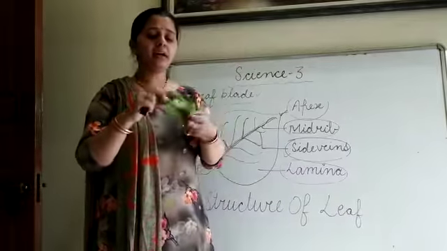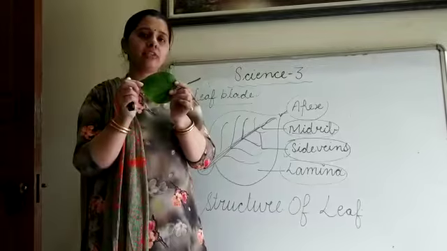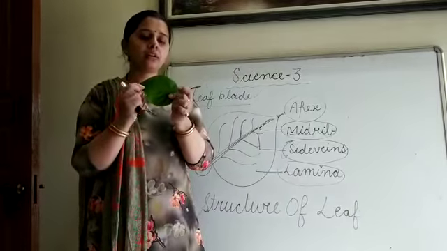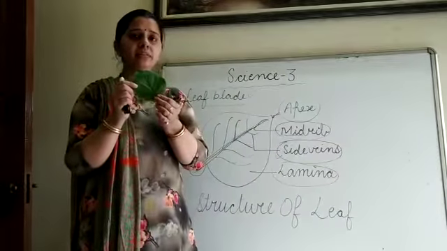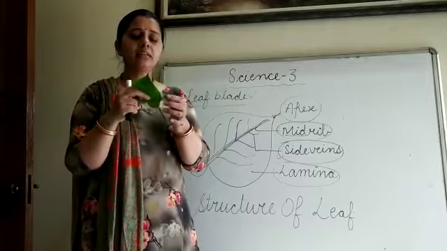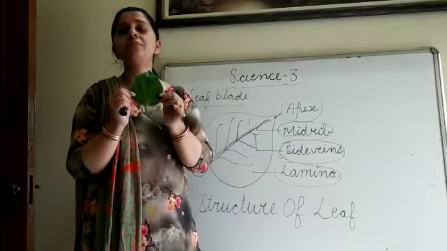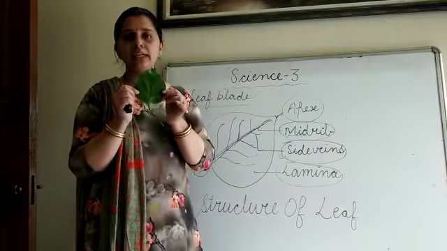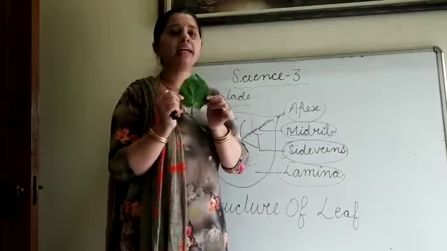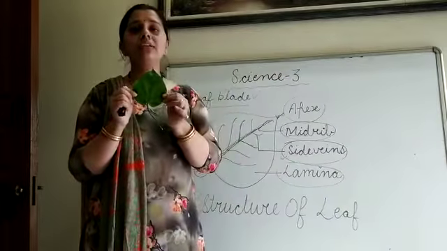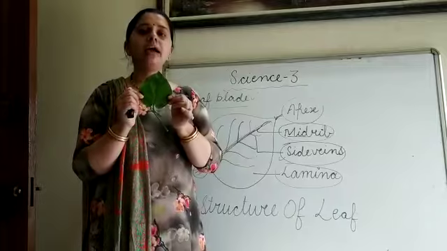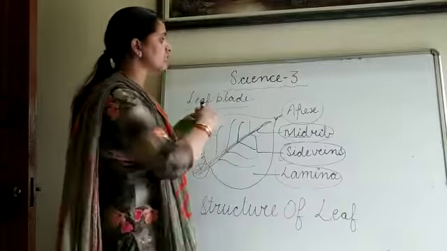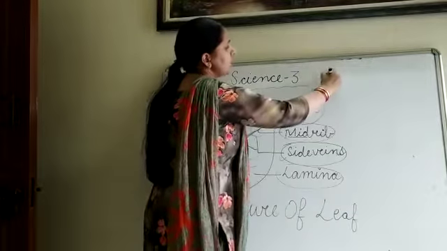And the green part that is present on the leaf is called chlorophyll. This leaf is green. Why? Because this leaf has green pigment. What is green pigment? And this green pigment is called chlorophyll. And this chlorophyll, what is the spelling of chlorophyll?